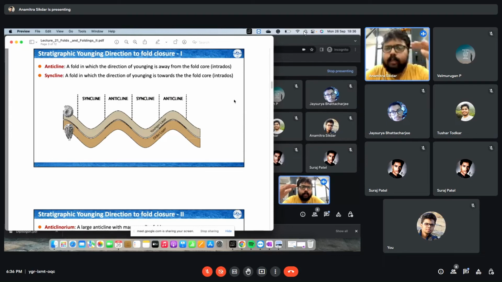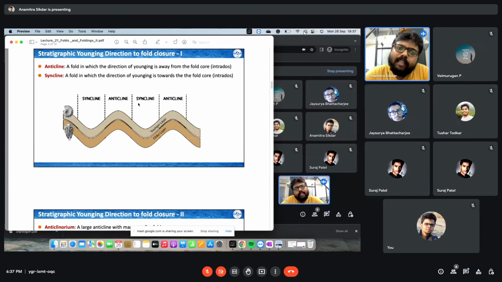So older, then younger, then more younger. When you compress this whole thing, you end up with layers folded like this, where the older layer is at the bottom and the younger is at the top.